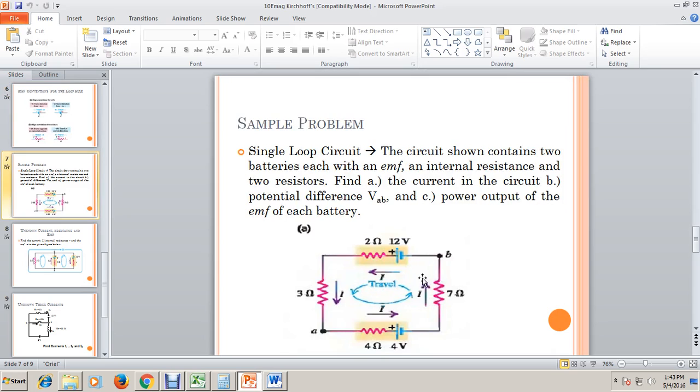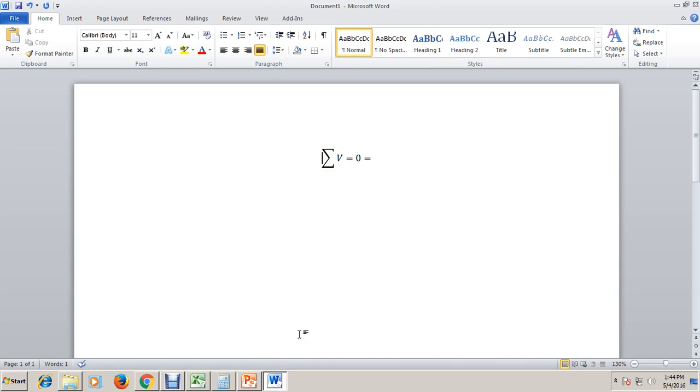So when we go over the 12-volt battery, we are entering the negative terminal, and we have the positive terminal as our leaving terminal. So therefore, that is positive. The sign of the 12-volt value in our equation should be assigned as positive. So this would be 12 volts.